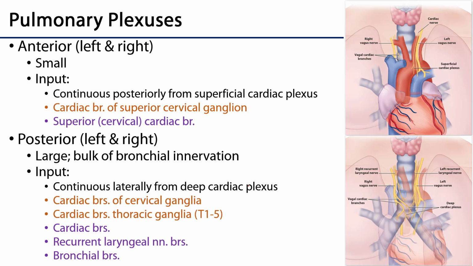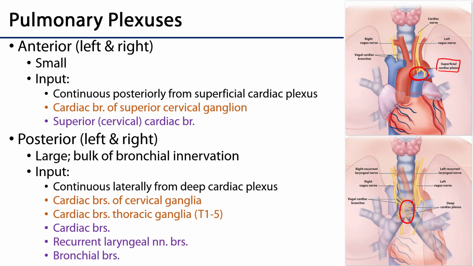So recall that the superficial cardiac plexus is found in the concavity of the aorta. The deep cardiac plexus is found nestled between the bifurcation of the trachea and the arch of the aorta.